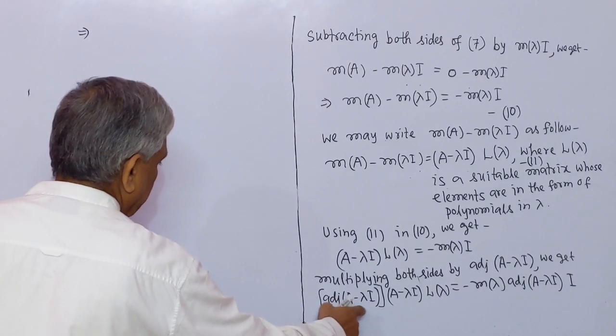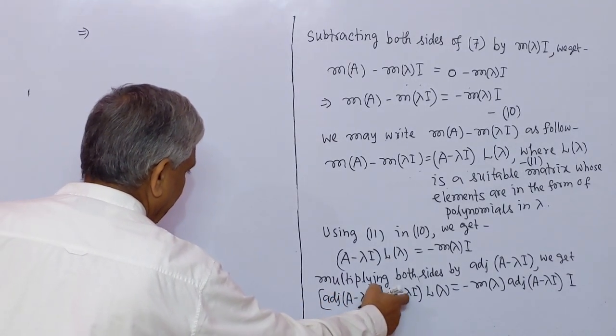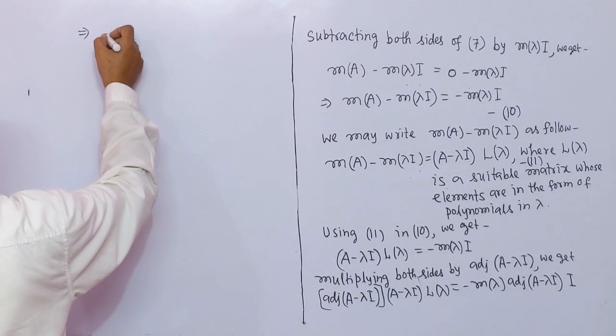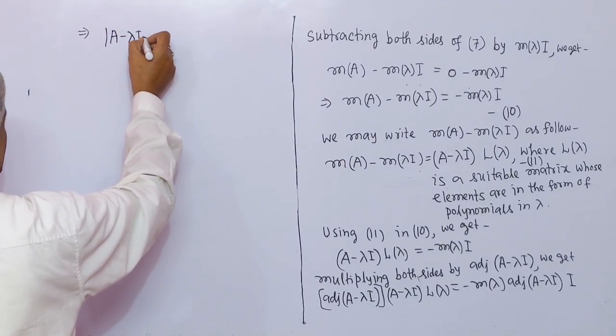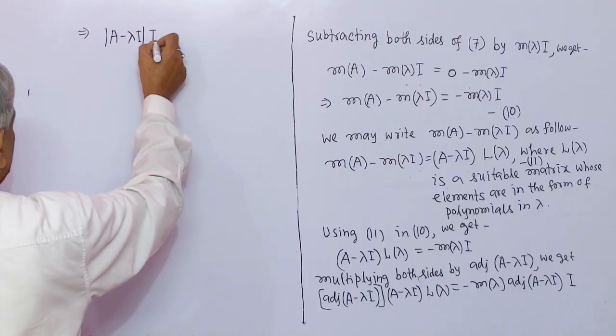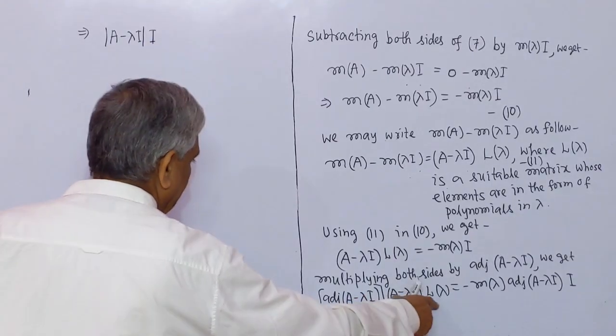Here adjoint A multiply A means determinant of A, means determinant of A minus lambda I times unit matrix I, then A lambda.